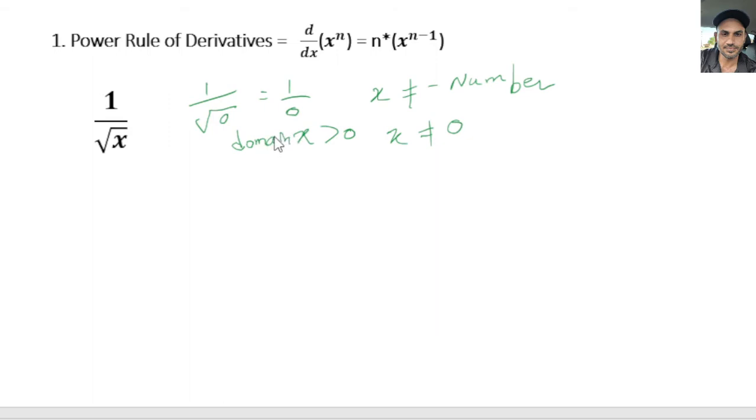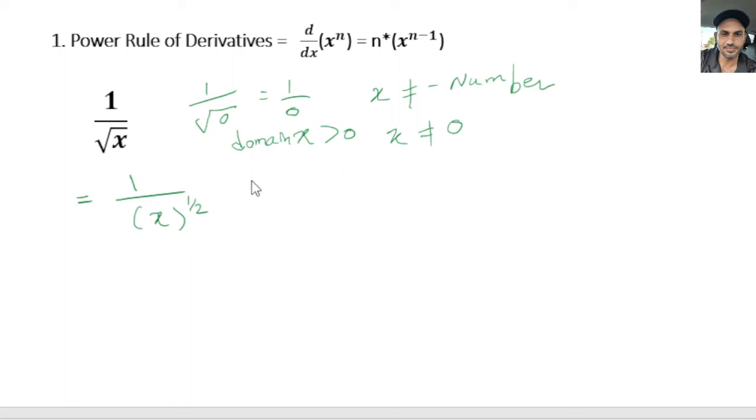All right. So now we know this. Let's go ahead and start working out the problem. So this is 1 over square root of x. What I'm going to do is remove the radical sign and put the exponent that is associated with that radical form, which is 1/2. So basically we have 1 over x raised to the 1/2 power.